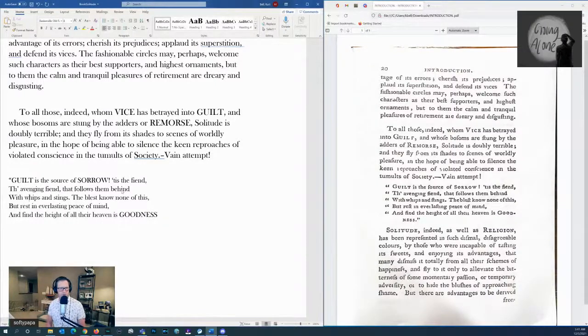Okay. So just reflecting the above, those that give in to the wish to be in the inner circle of the recognized are going to have guilt and sorrow. It's the fiend that follows them and whips them and stings them. But those that choose not that path can find a peace, everlasting peace, in the height of all their heaven in goodness and being good.